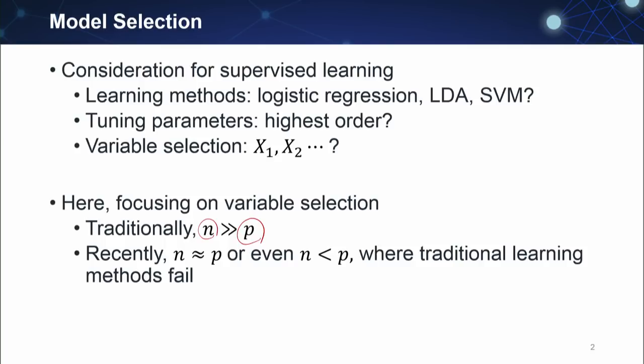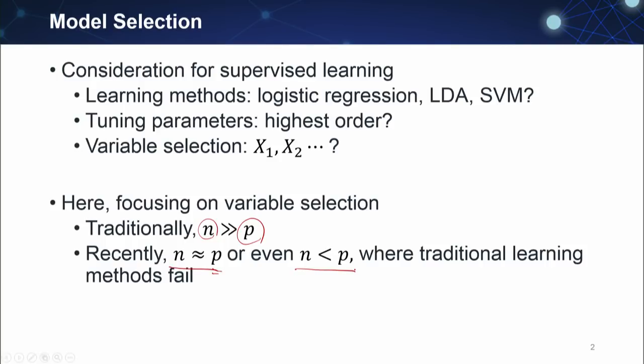At the same time, the kinds of available data, or new information about samples, increase much faster. That means an increase of p. So recently, there are many cases where n is similar to p, or even n is less than p.